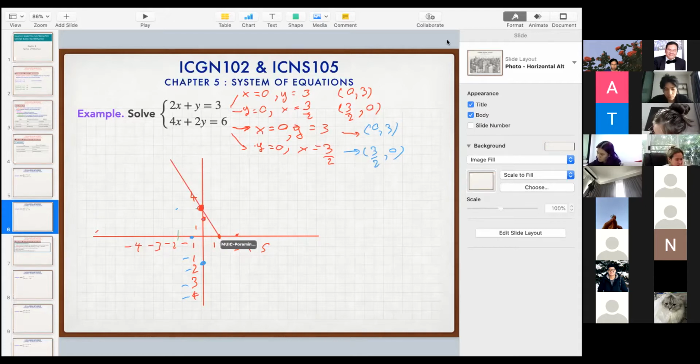For the second line, second equation, the first one is (0, 3). I just did something wrong. (0, 3) is here. Yeah, (0, 3).